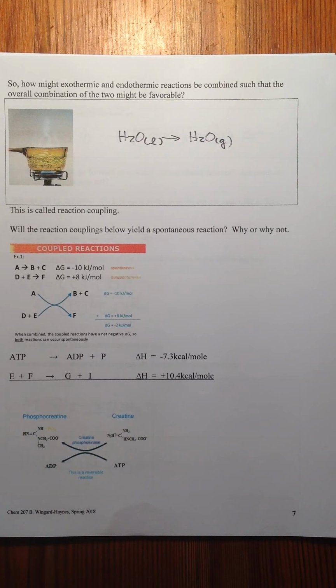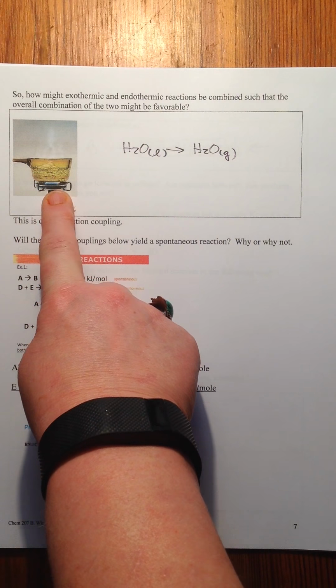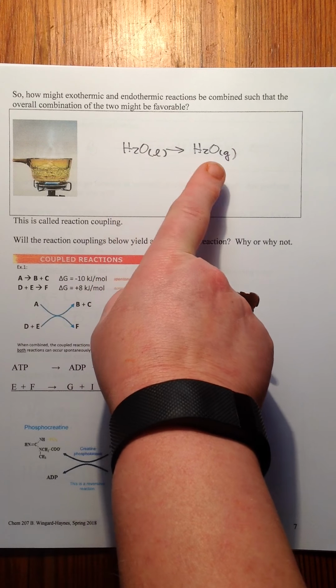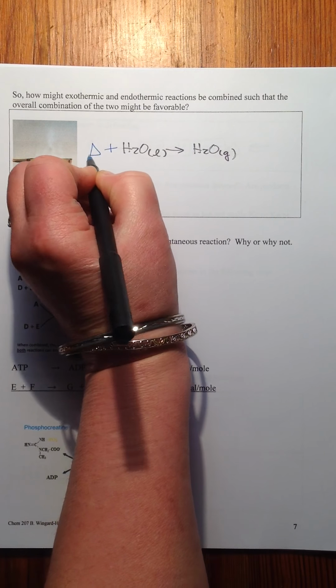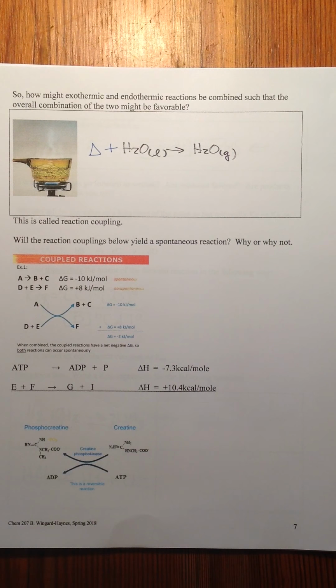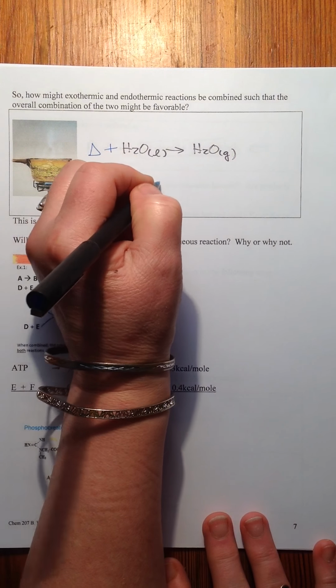So we're on page 7 of the lecture notes, and let's say we want to boil some water. We're going to have to go from liquid water to water vapor, which means we're going to have to put some heat into it. Well, this is never going to go forward unless we can find a heat source.